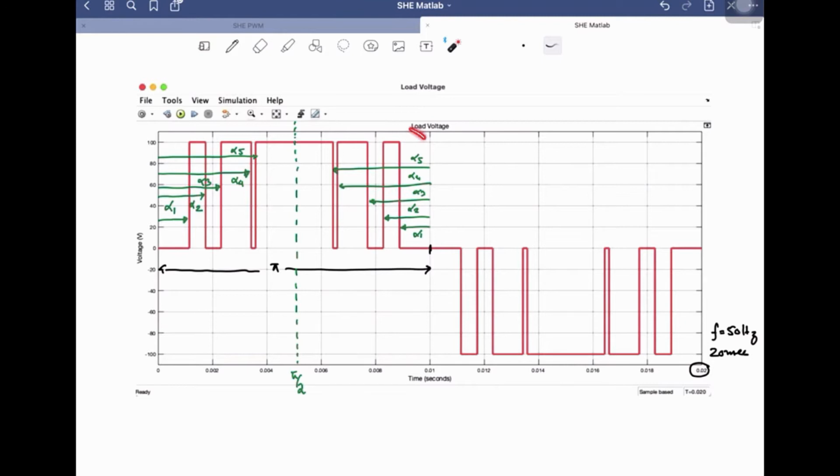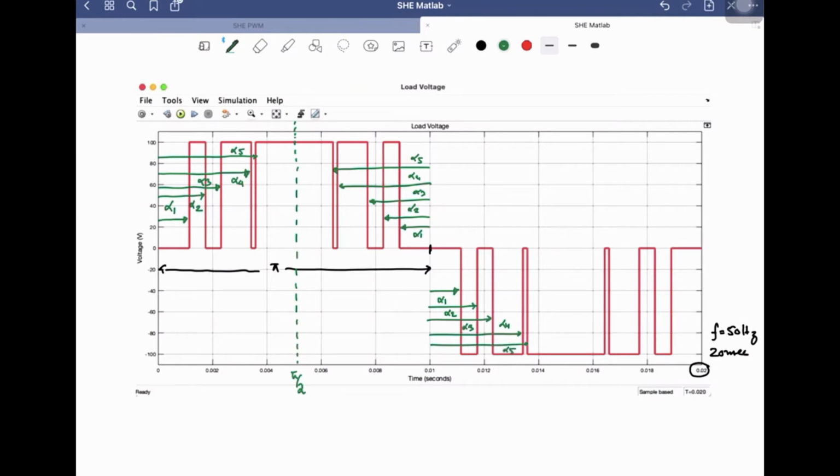Right? And now if you look at the negative portion of this one, that negative portion will have the notches at the same angles. This will be angle alpha 1, this will be angle alpha 2, this will be angle alpha 3, this will be angle alpha 4, and this will be angle alpha 5.